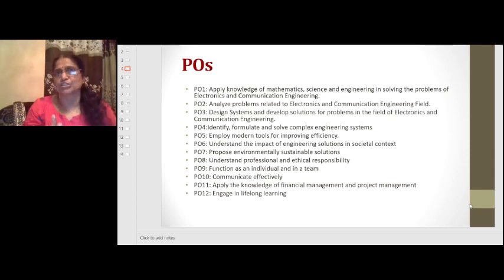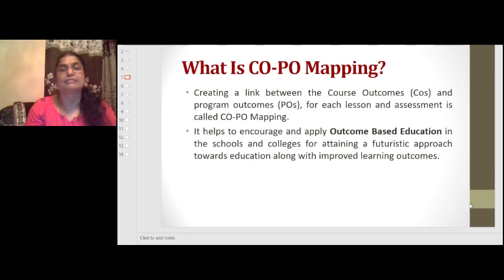All the 5 course outcomes, from each unit I would have had one CO. Okay, so it may not map with all the 12. So all the 12 program outcomes may not map with my COs of a particular course. Okay, now for example I have taken English. Now let's see the next slide, you understand better.